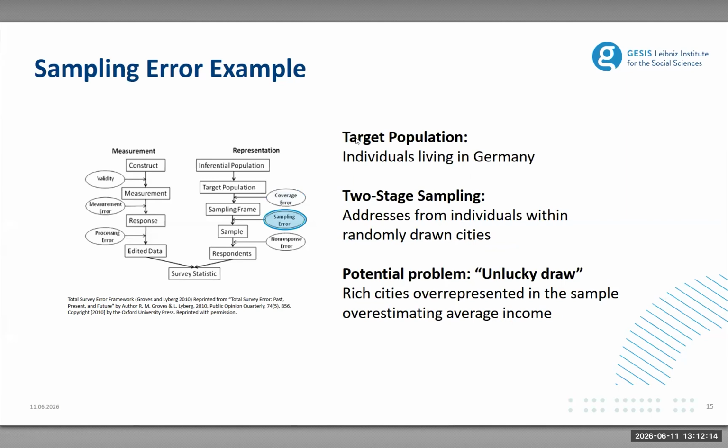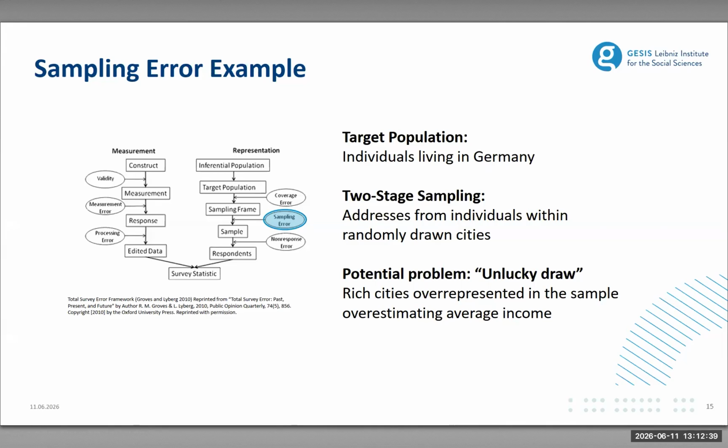The next error source would be sampling error. So as I said, the step from sampling frame to sample, or to drawing the sample. And again, in our context of the individuals and the registers, we usually draw cities, and within these cities, like only a few cities, we then would draw from their inhabitants.